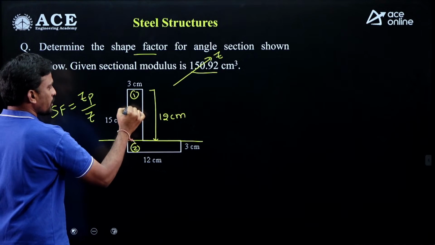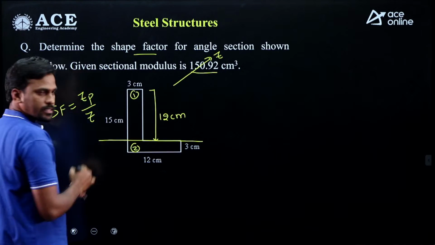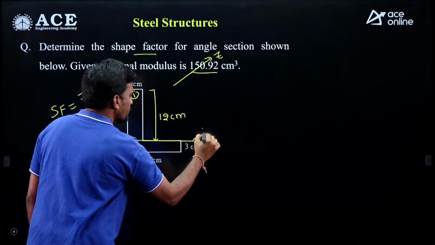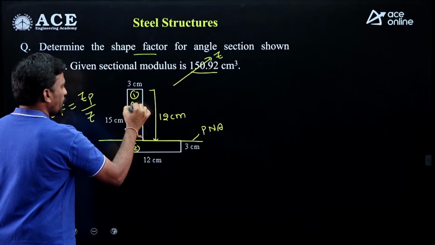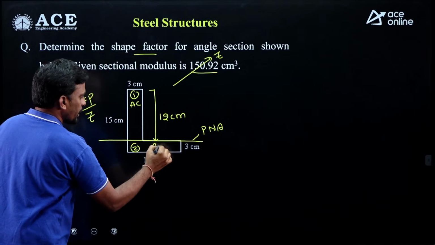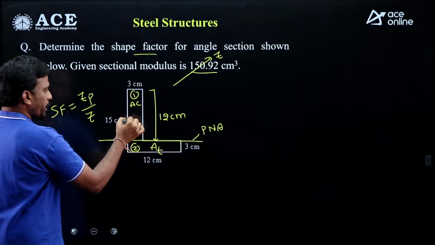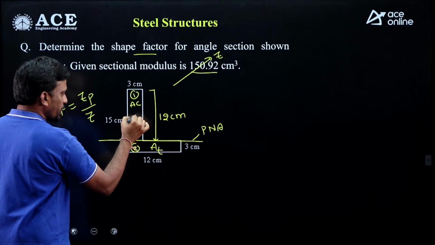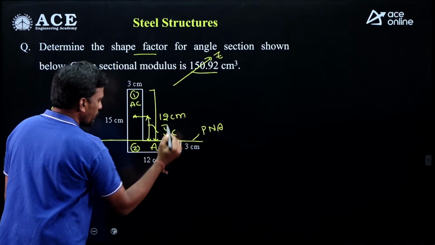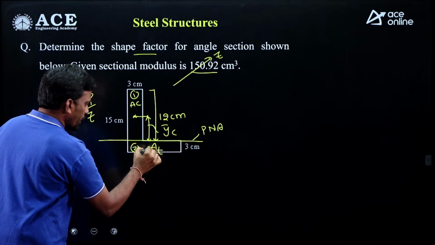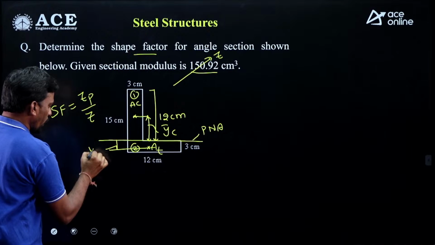So this area is part 1, this is 36 and this also 36. It means this is the position of plastic neutral axis. Okay. Then this is the area under compression, this is the area under tension. So locate the centroid under compression, this is y bar c, and locate the centroid under tension, this is y bar t.